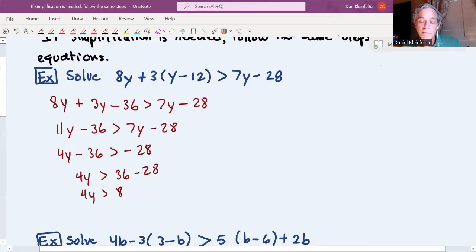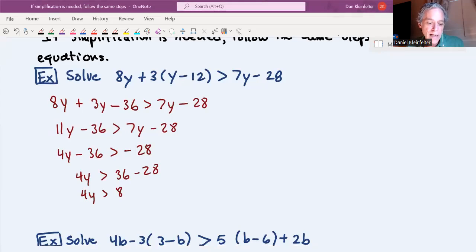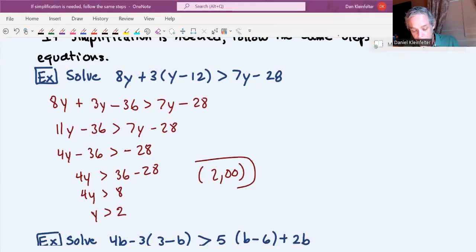So far, it may as well have been an equation, not even an inequality, because we've done the same steps as we would have, distributing to remove parentheses, adding and subtracting the same thing on both sides. I've got to divide by 4 here to finish this. Fortunately, 4 is positive, so we don't have to worry about changing the direction on the inequality sign. Get y is greater than 2, so that's 2 to infinity in interval notation.